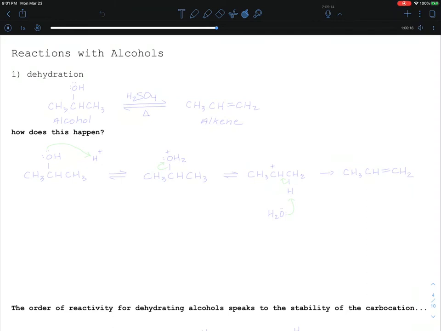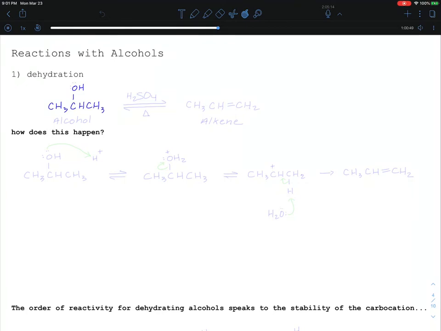So let's just pick a nice, easy, kind of short molecule to deal with here. All right, let's just pick this molecule. So we're going to start out with the alcohol. Why don't we pick isopropanol, since that's what we've been using.